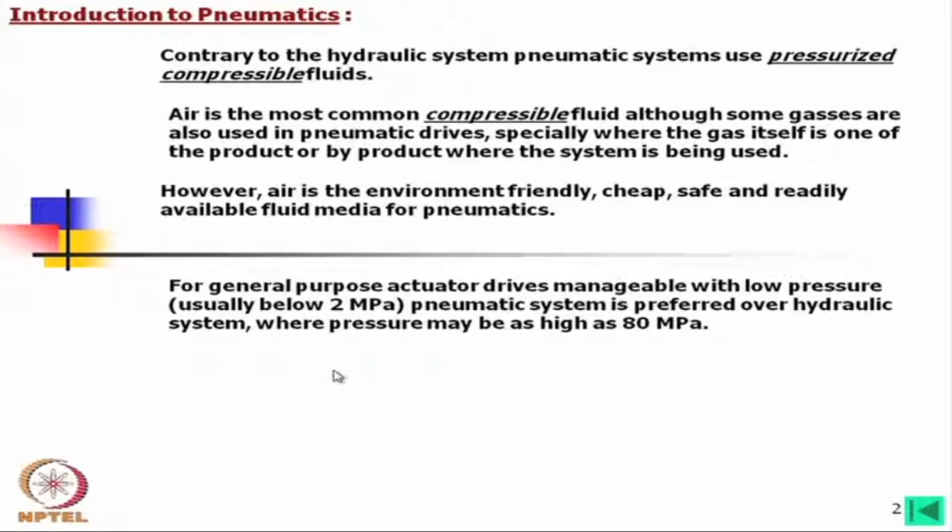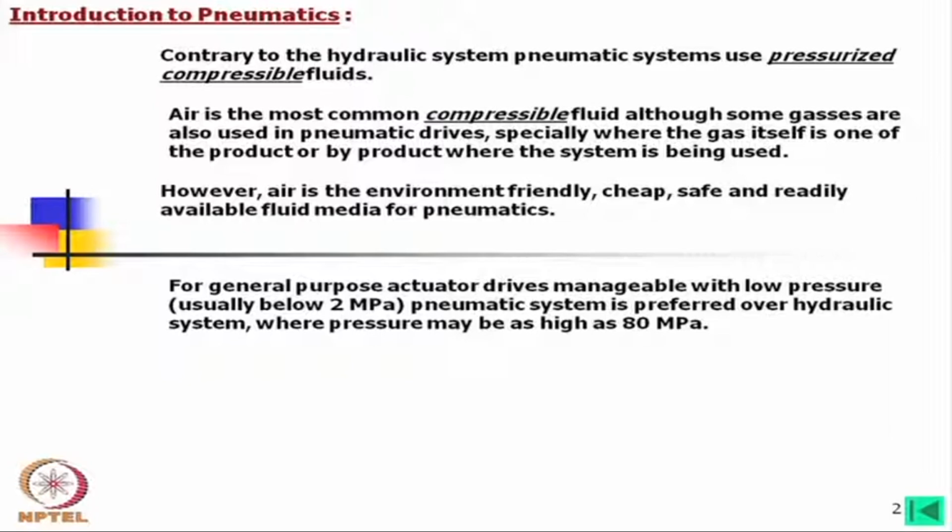For general purpose actuator drives, manageable with low pressure, usually 2 megapascal. 2 megapascal means it is 20 kg per centimeter squared, just a little above the absolute pressure.